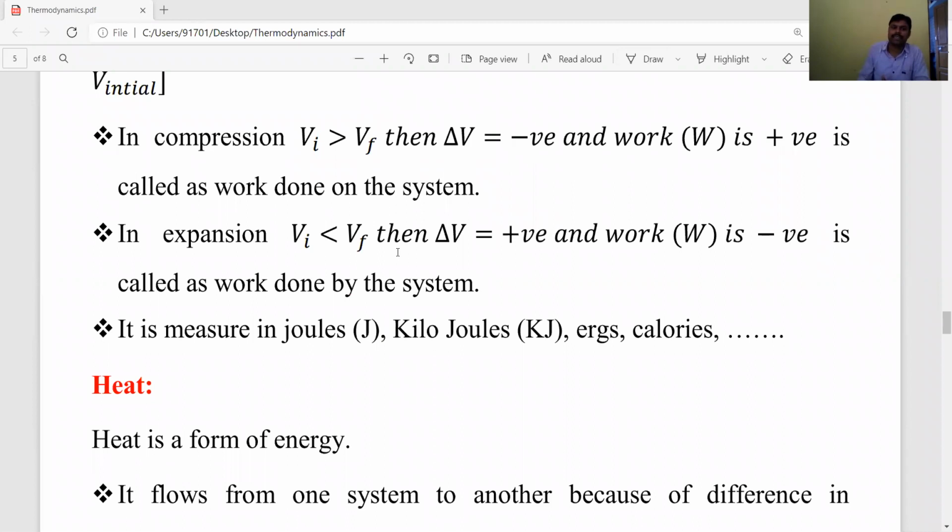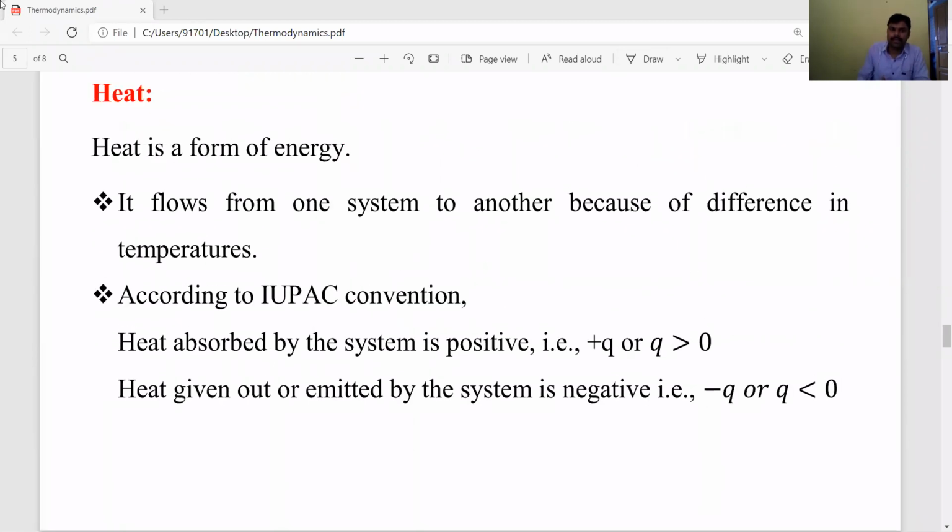Next, what is heat? Heat is nothing but a form of energy, and heat is defined as the flow of energy from one system to another system. It indicates that heat flows from system to surroundings or surroundings to system at different temperatures.